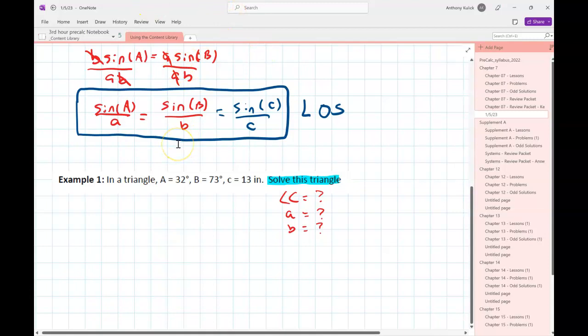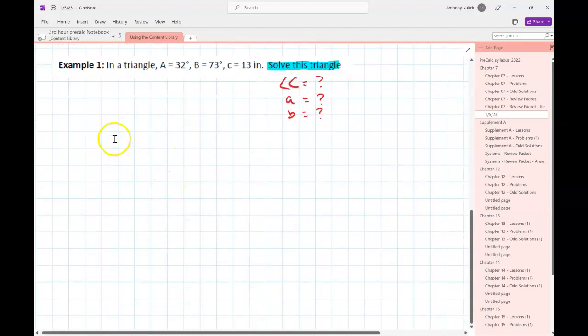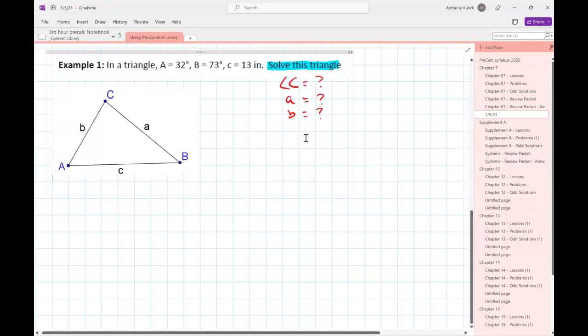So my first step would be to draw a picture and label our picture. I'm just going to use the figure that I had already on hand.